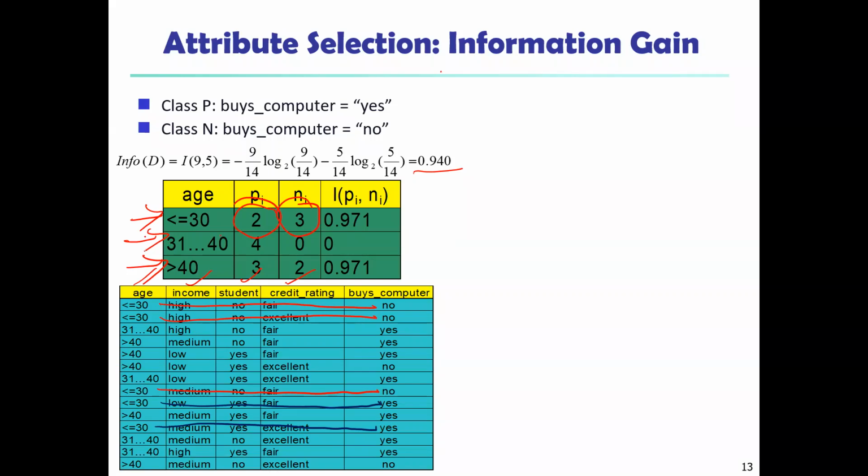Same way, for 31 to 40: 4 yes, 0 no's. For greater than 40: 3 yes, 2 no's.